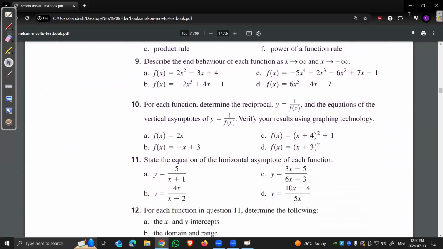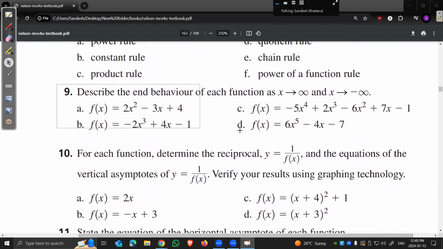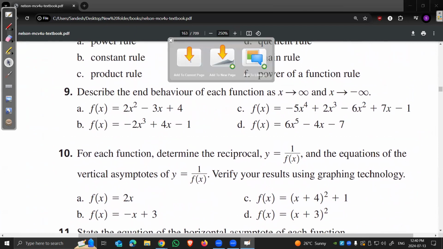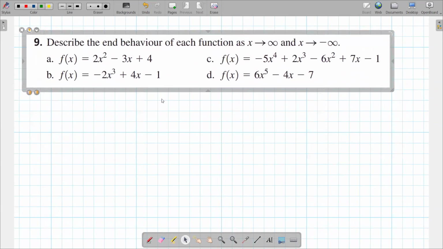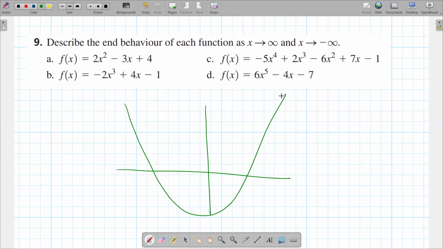Let's quickly talk about end behaviors. So end behaviors is what happens at the end of the functions. So for A, it's a quadratic opens up, right? Like that. So when x is positive infinity, what's the y value?